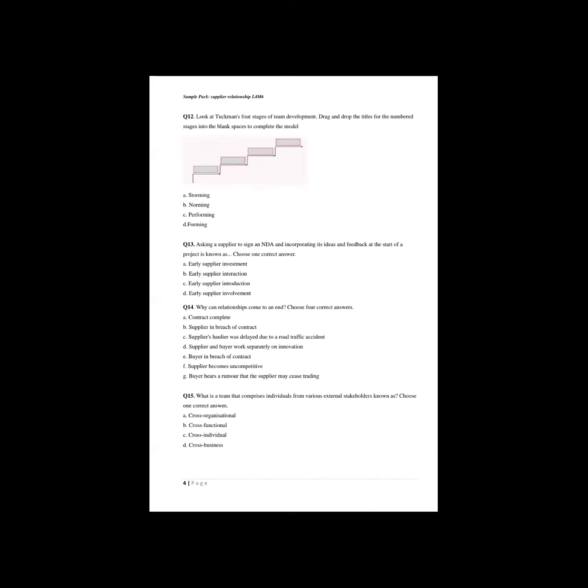Question 12. Look at Tuckman's 4 stages of team development. Drag and drop the tiles for the numbered stages into the blank spaces to complete the model. A, storming; B, norming; C, performing; and D, forming.